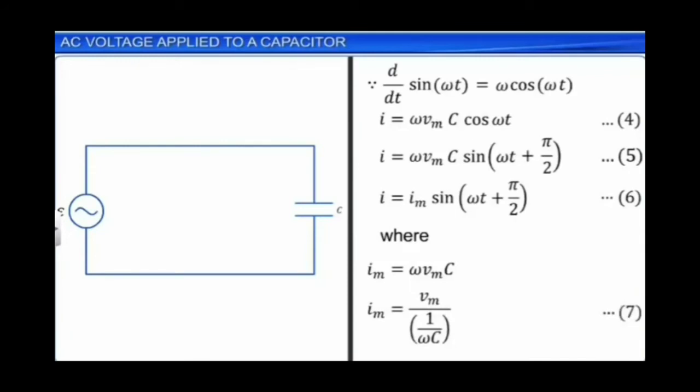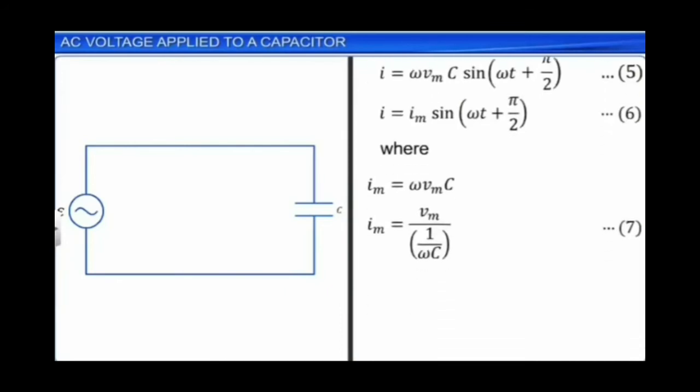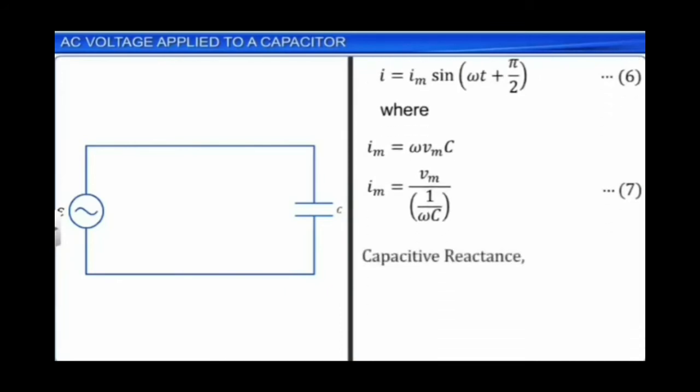So in the place of resistance, we have the term 1/(ωC), which has the dimensions of resistance, and it is termed as capacitive reactance. Capacitive reactance XC is equal to 1/(ωC).